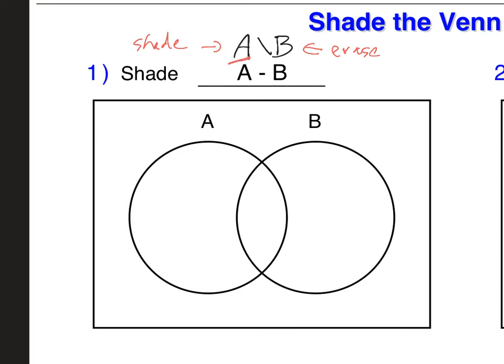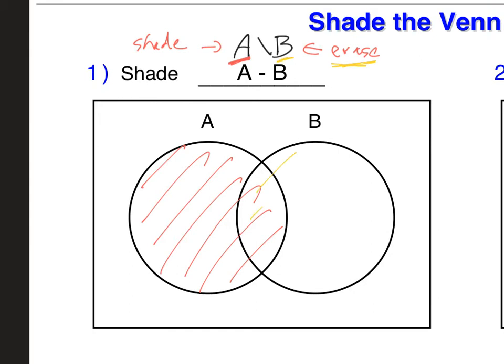So let's start with shading A. And then I'm going to take my eraser and I'm going to erase set B. So let's just lightly color set B in yellow. Everything that I have highlighted that was in set B is going to be erased. So we're going to erase everything from set B.